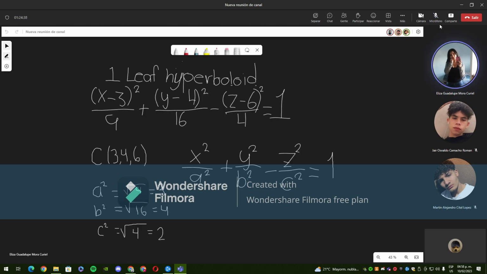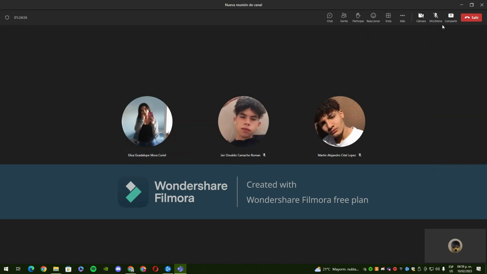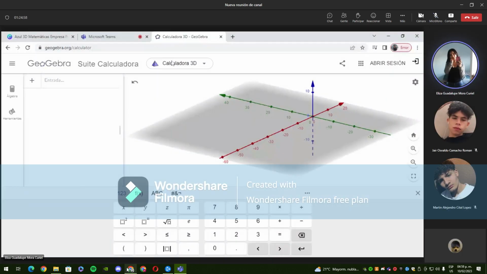Next, we will show you the representation in GeoGebra. Okay, here we have GeoGebra. We will write the exercise right here.